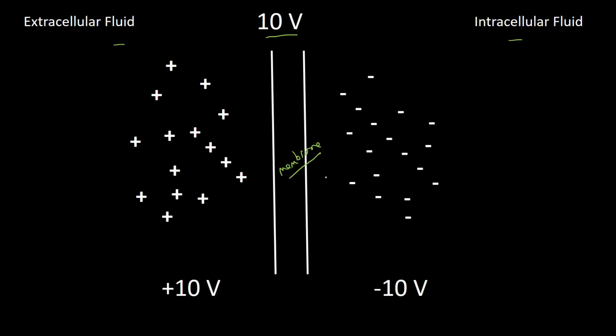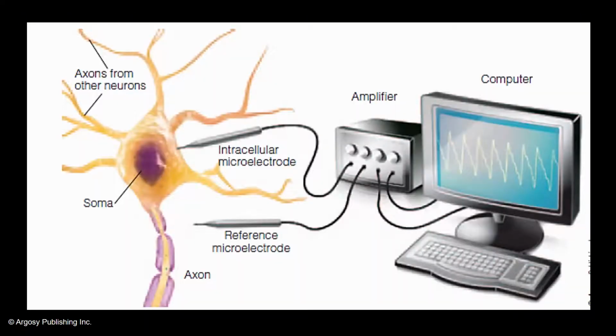If we're in this case where I have a separation of charge across the membrane, now we're talking about a membrane potential. When these things are measured, we're going to use some equipment, but we're always going to compare inside to outside.